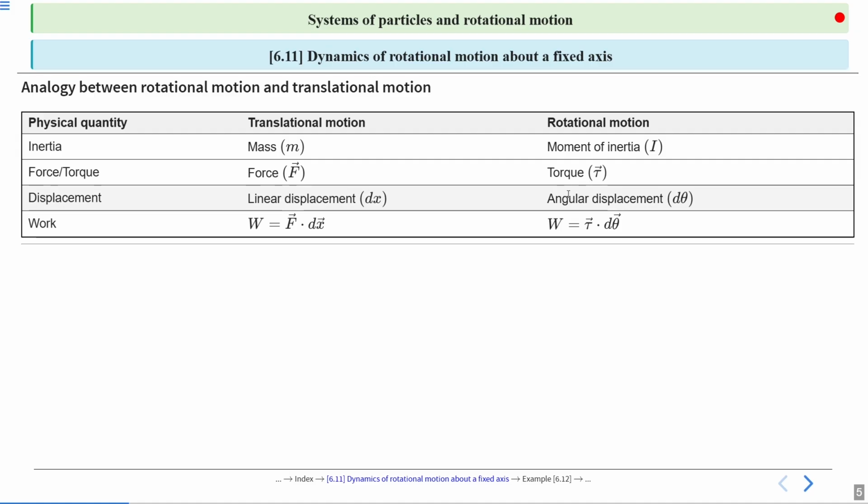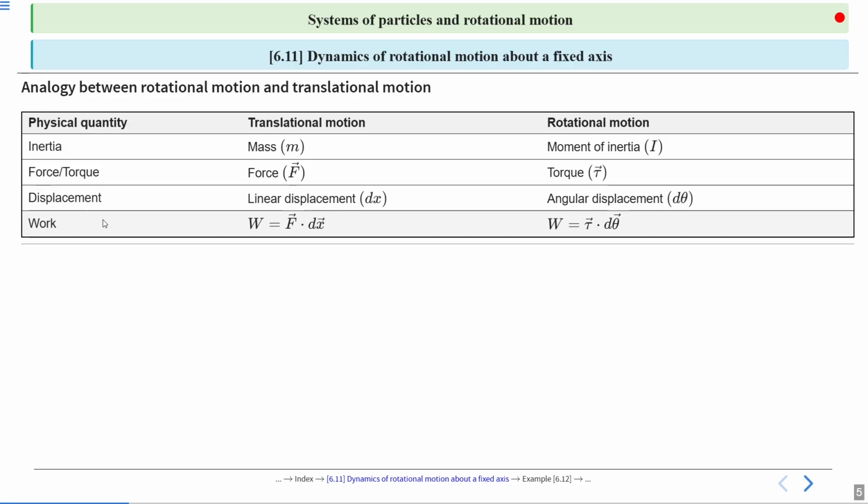Whereas in rotational motion, displacement is theta or d theta, measured in radians. It shows how much the object has rotated. Linear displacement shows how far an object moved, whereas angular displacement shows how much it turned.